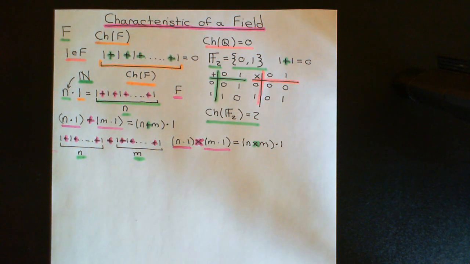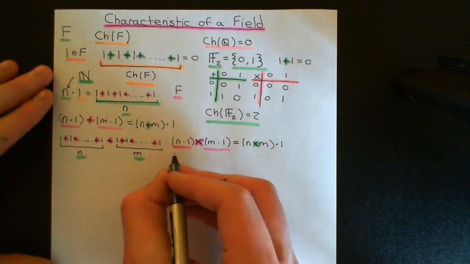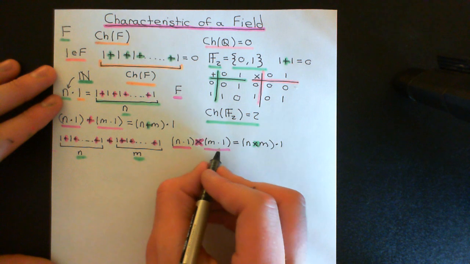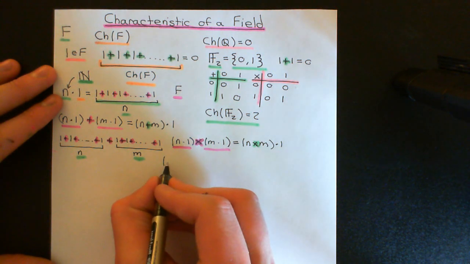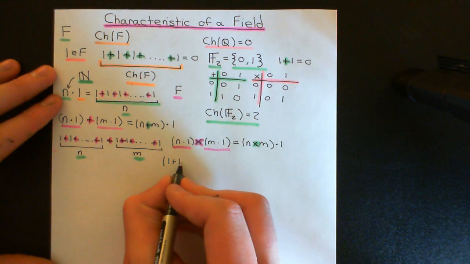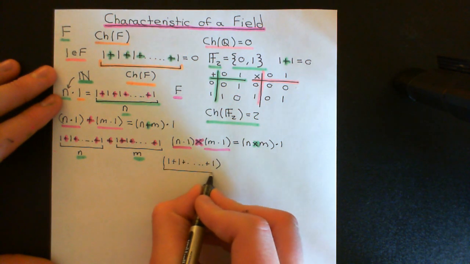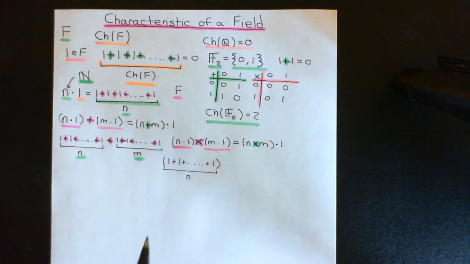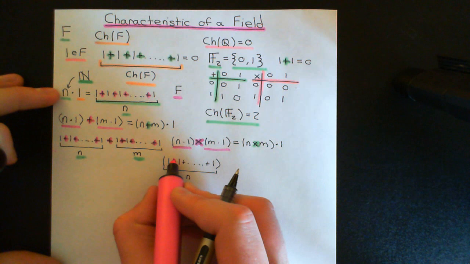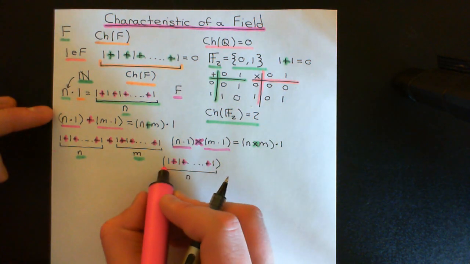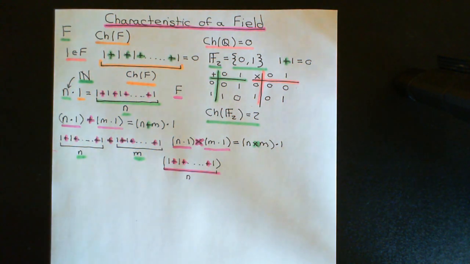So let's just understand why that's going to be true. Well, it just comes very naturally by actually writing these out as what they actually are. So n dot 1 is just going to be 1 added to 1 added all the way up to another 1, and that's going to be n 1s overall. I'll colour these pluses in purple because again you're adding all of these 1s together in the field here.